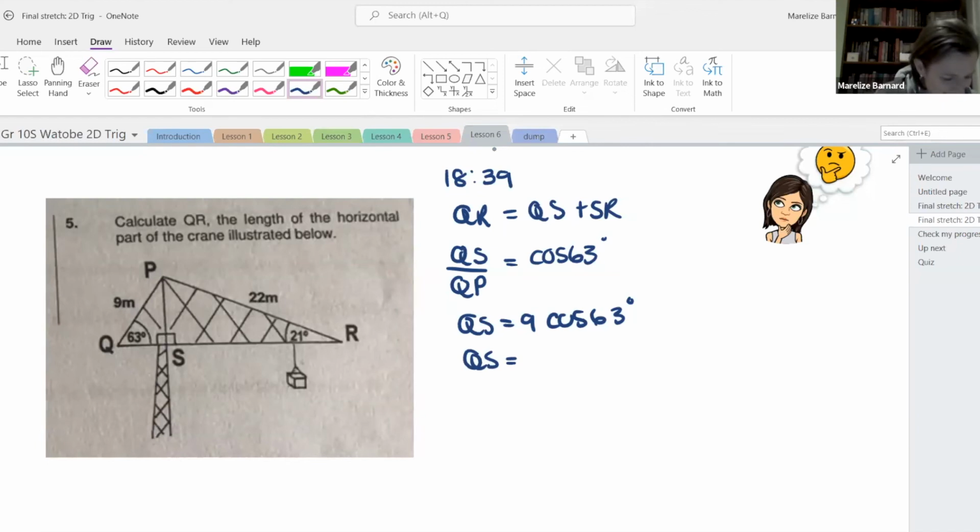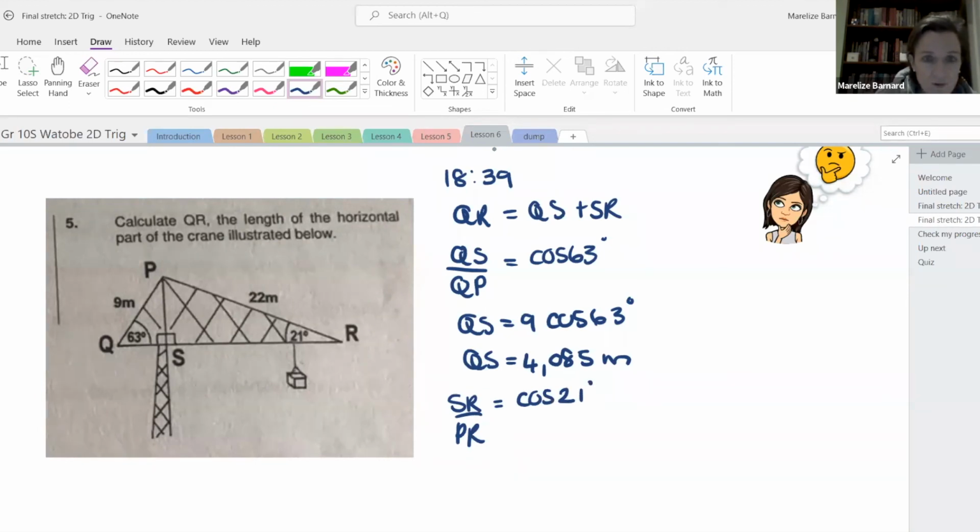QS is 4,09 meters. Then for SR, the side that we want over the side that we know the value of, that's SR over PR, and that is cos of 21.